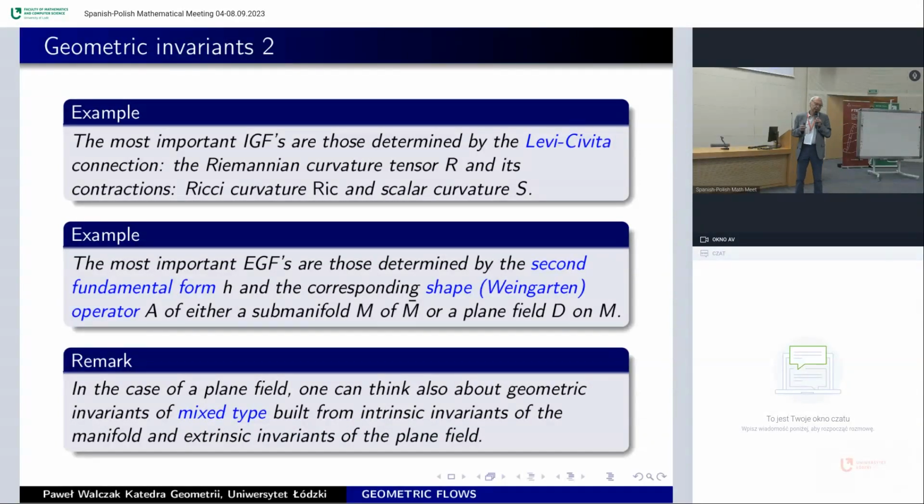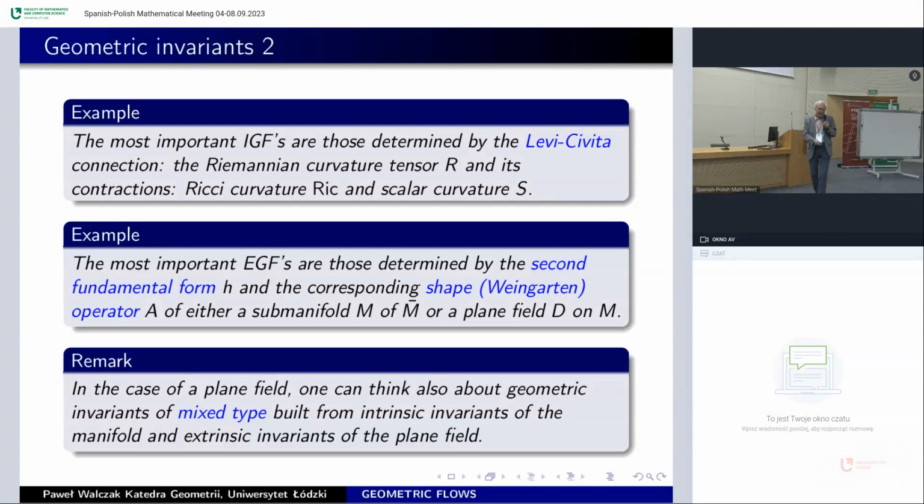The curvature tensor of a Riemannian manifold can be seen as a tensor field of type (1,3). Therefore, you can contract it twice. If you contract once, you get Ricci. If you contract twice, you get scalar curvature. Contracting means taking traces.